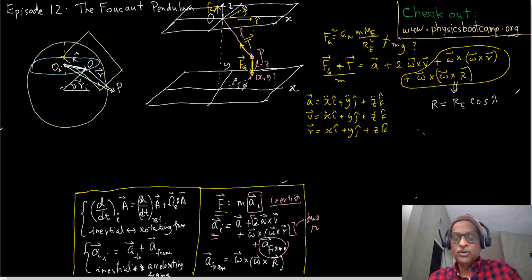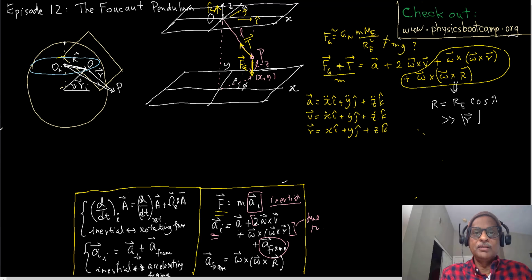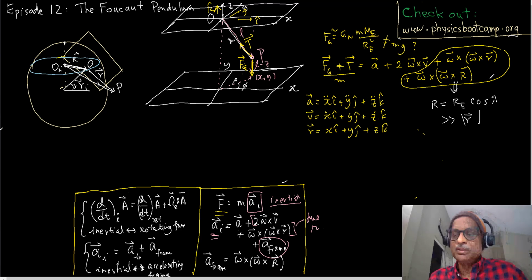So unless I'm right on the North Pole, this is much bigger than this distance from here to here, that's the r, which is the length of the pendulum. So the magnitude of this is like omega squared L, and this is like omega squared times the radius of the Earth, as long as lambda is not very close to 90 degrees.